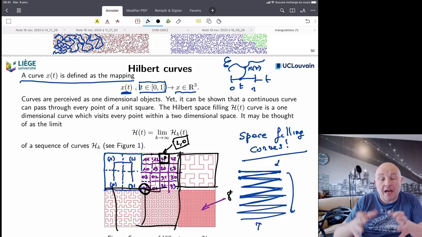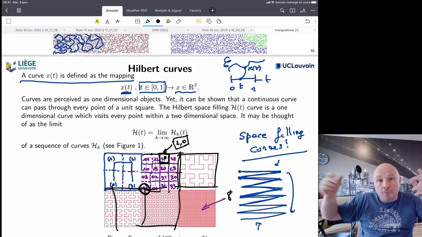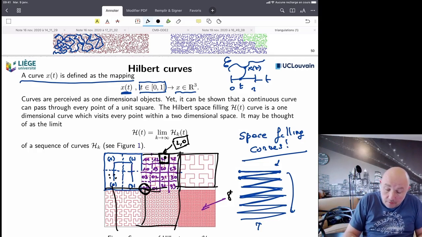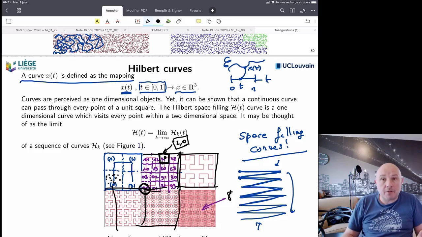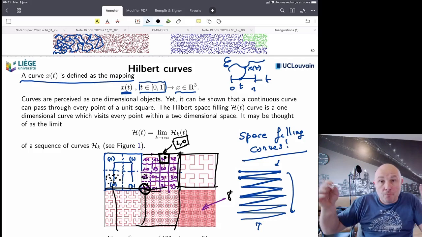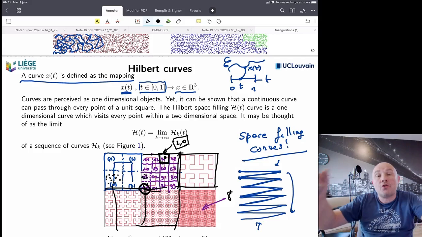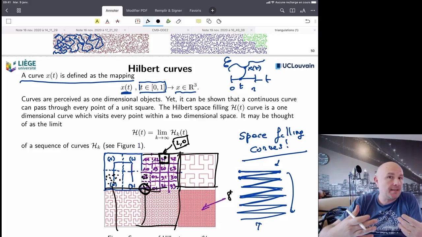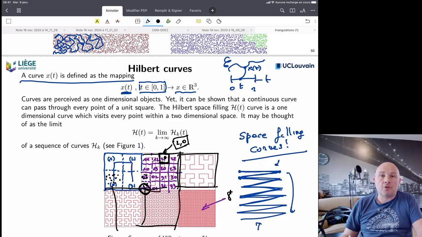So the more bits you have, the more precision you have. Because every point that lies in that quadrant, if you only use 1 bit, has the same Hilbert coordinate. Here, of course, every point that is in that quadrant or that quadrant has the same Hilbert coordinate. But the more deeply you go, the more coordinates you compute, the smaller the quadrant will be, and the more precise your computation will be.